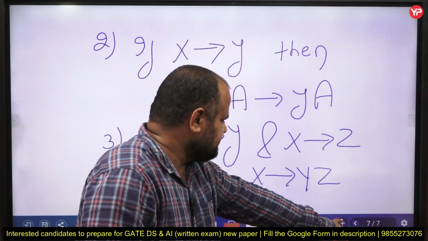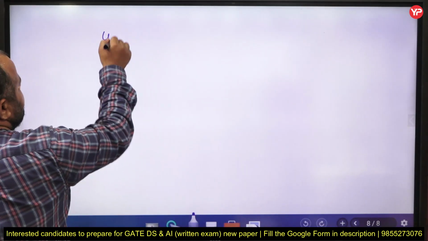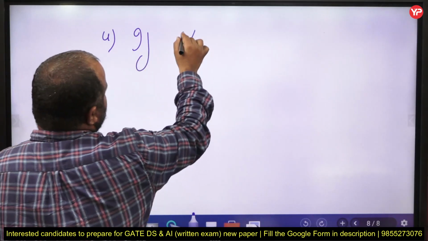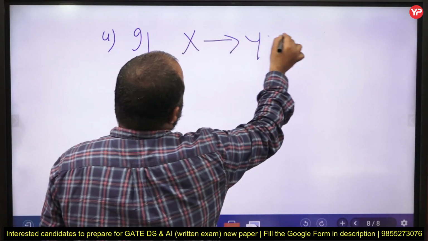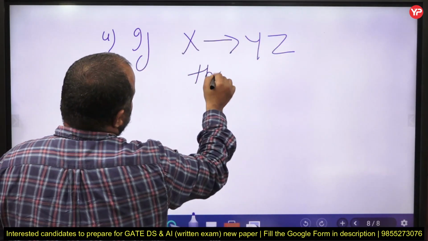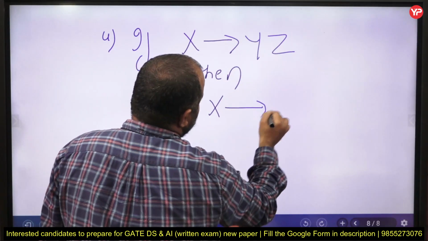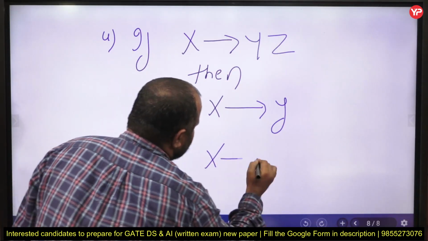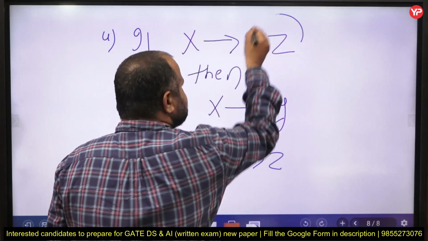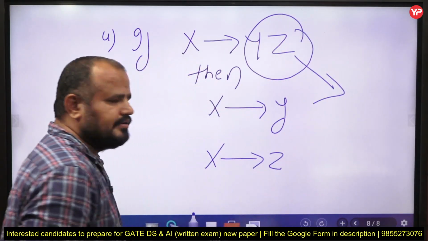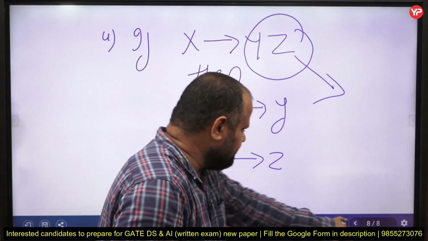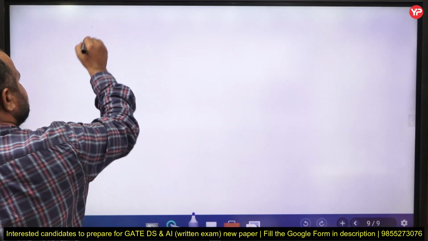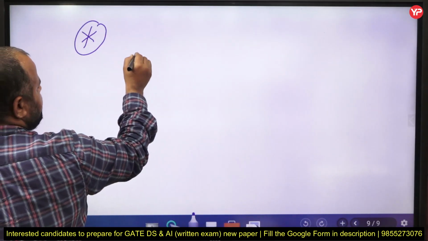Fine. And the fourth property is the splitting property. If x determines YZ, then x also determines y and x also determines z. It means you are splitting the right hand side part. But my dear students, keep in mind, you cannot split the left hand side part. This is an important point.